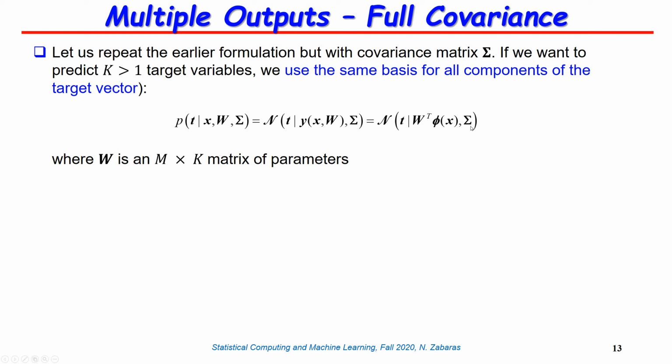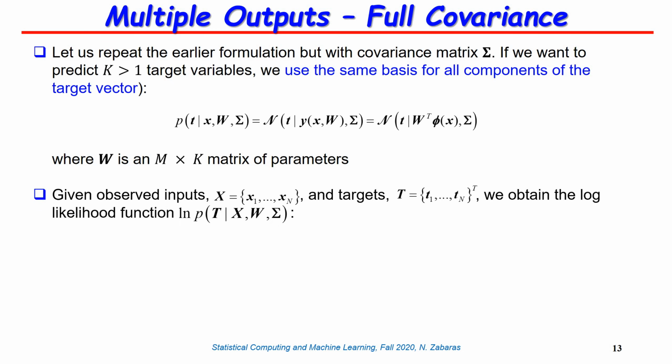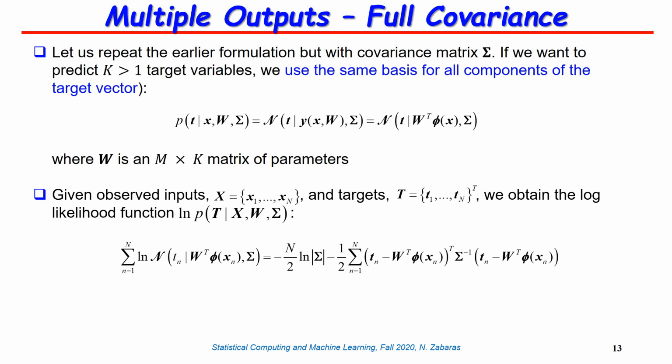It is sigma. So now you have to take the log likelihood and differentiate with respect to both W and sigma. Actually, the optimization of the log likelihood with respect to sigma is exactly the way that we computed the MLE estimate for the covariance of a multivariate Gaussian. It is exactly the same problem.